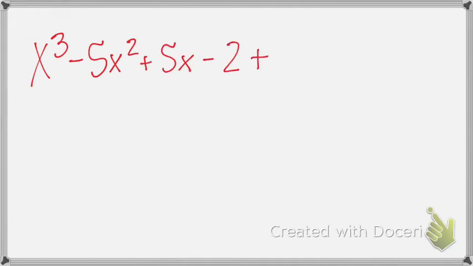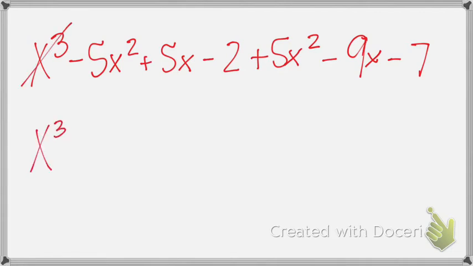We're adding on this one. So does any sign have to change? Nope. Do we have another x cubed? Nope. All right, then we go to an x squared. I have a negative 5 and a positive 5. So what happens with those? They just cancel out. So do we even have to write that? No. I won't say you can't write it.